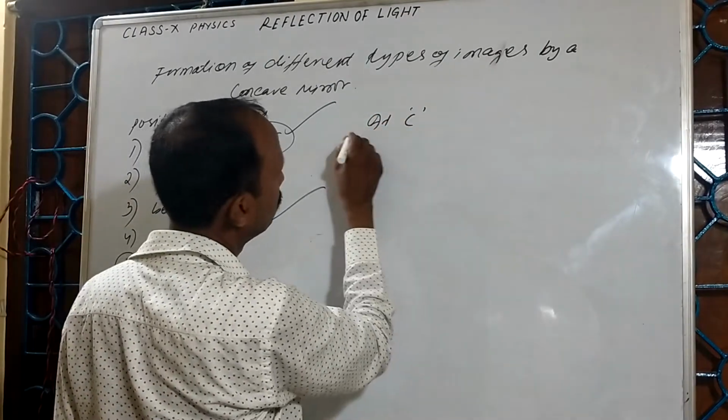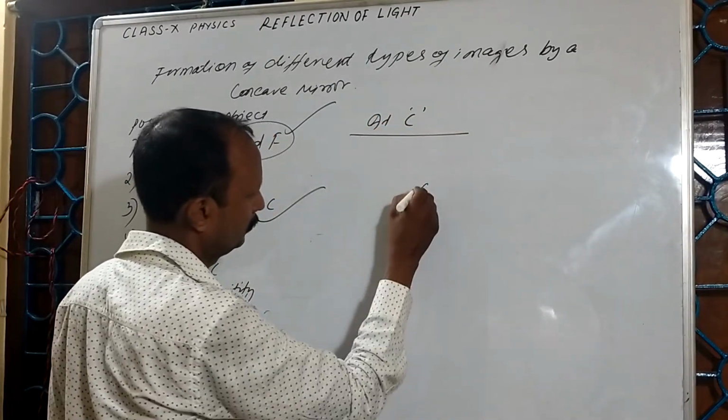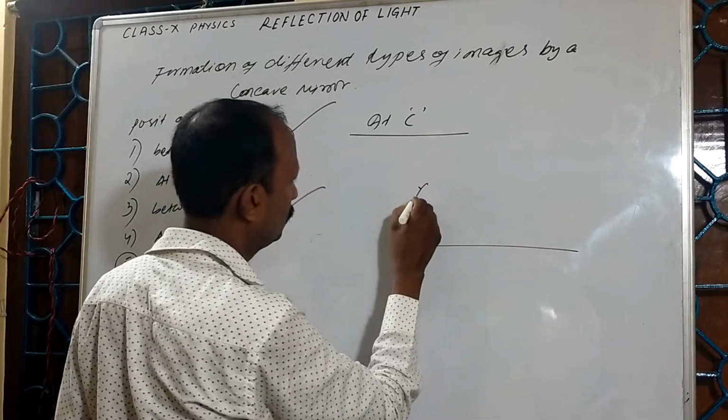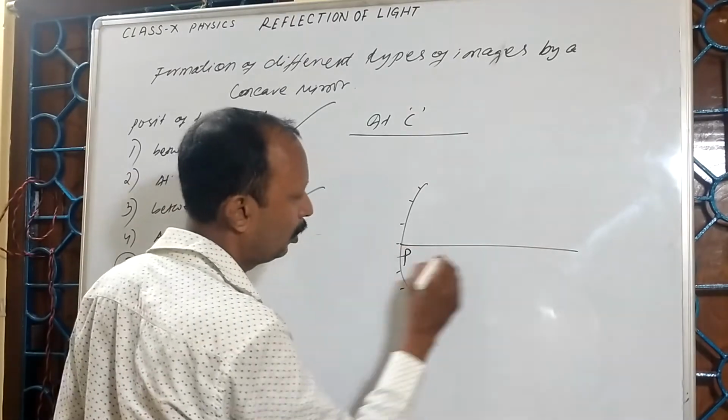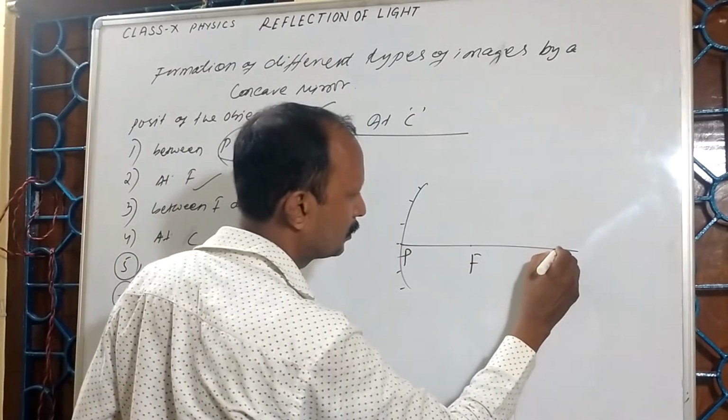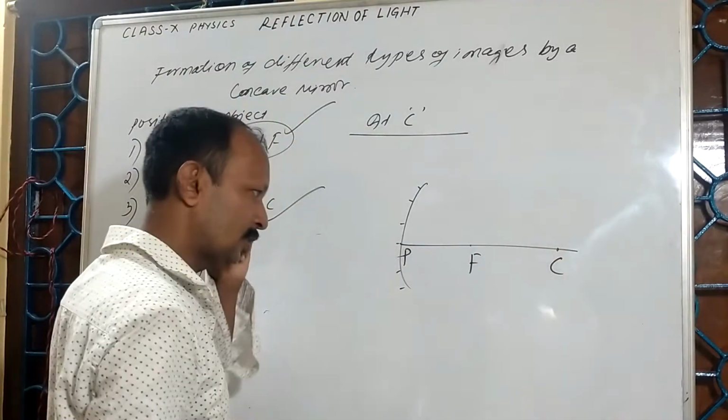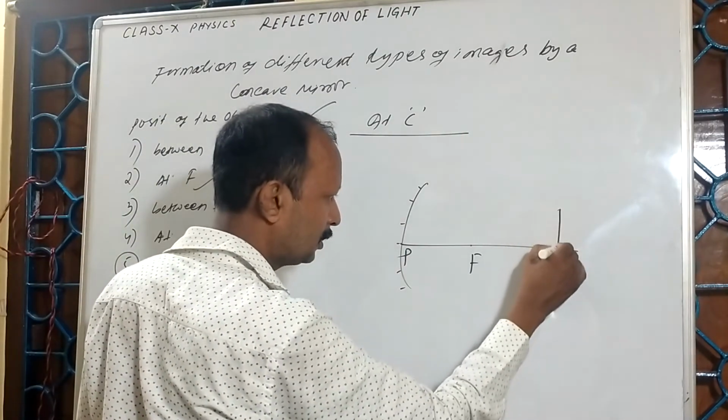At C. So this is the mirror, pole, focus. This is center of curvature. So object is here.